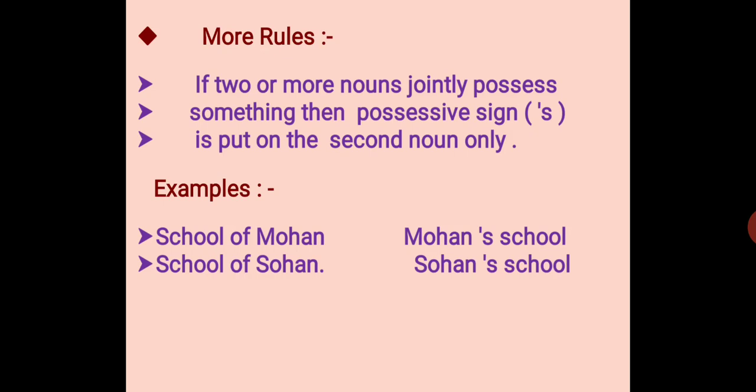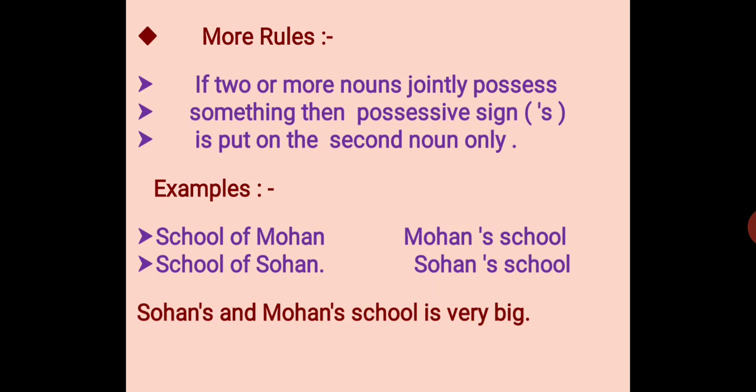If we want to write it in a possession form, we write Sohan's school, correct? Now, both Sohan and Mohan's school is the same. If we want to write them in one sentence: Sohan's and Mohan's school is very big.